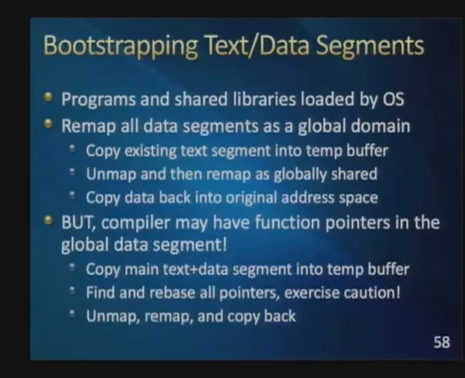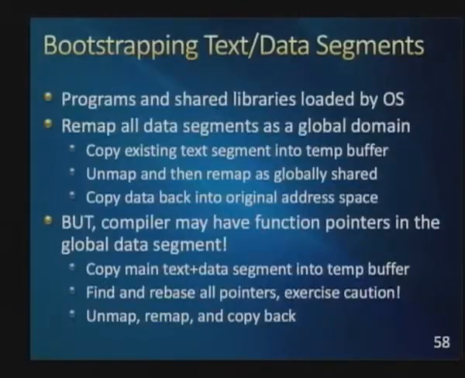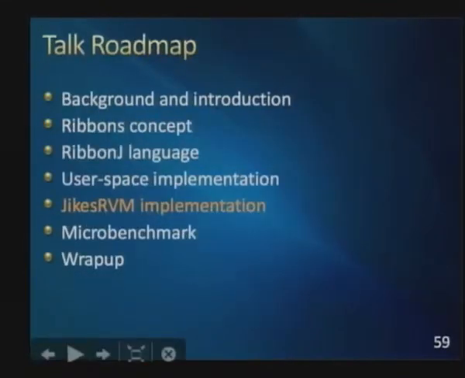So what we had to do was copy all of the code as well, rebase all of the pointers inside that copied code to use the new temporary data segment, and jump to a special function in the new copied text segment. Then we can unmap, because it's using the rebased virtual function pointer, which is in our temporary copy of the data segment. So it's a little bit tricky to do in user space that way.